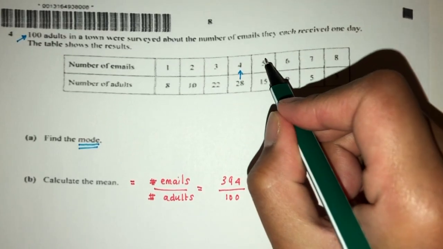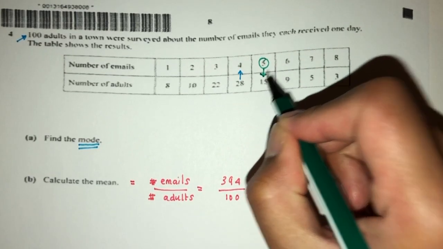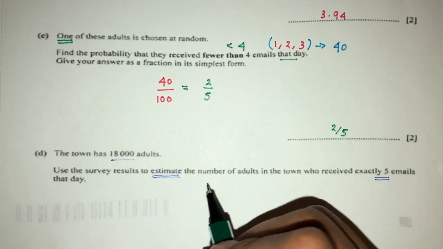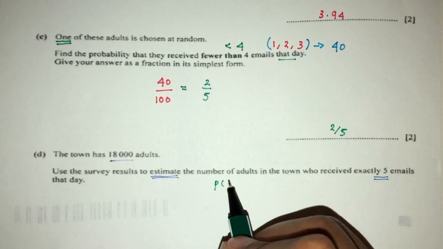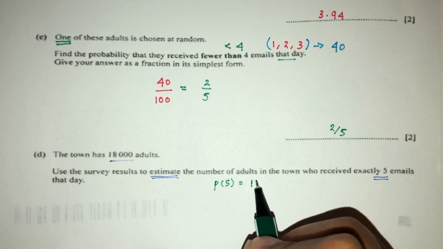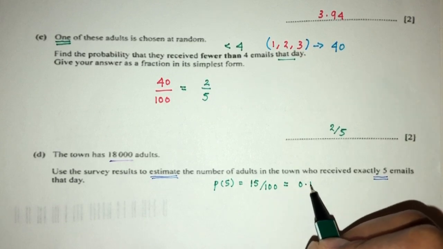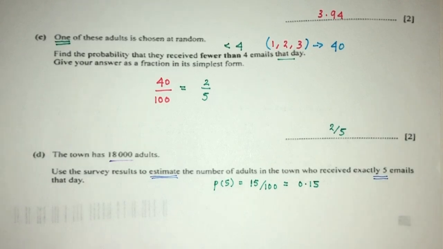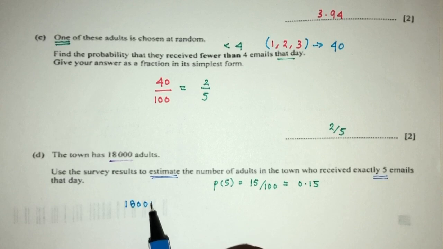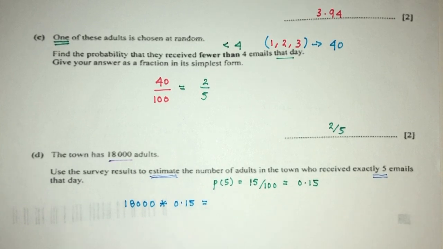So 5 emails, we have 15 adults, which means the chance of receiving 5 emails will be 15 adults over 100, which was over the survey. That will be 0.15. So obviously, if you take this group, to estimate the number of people receiving, you will have to multiply by the chance of actually getting 5 emails.